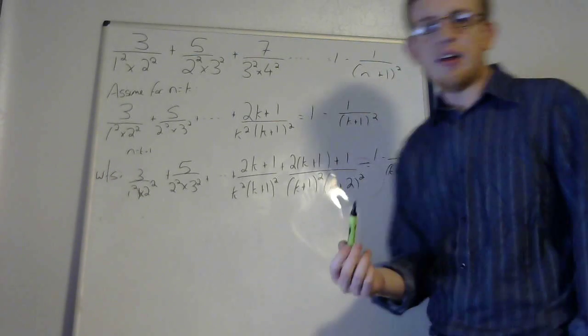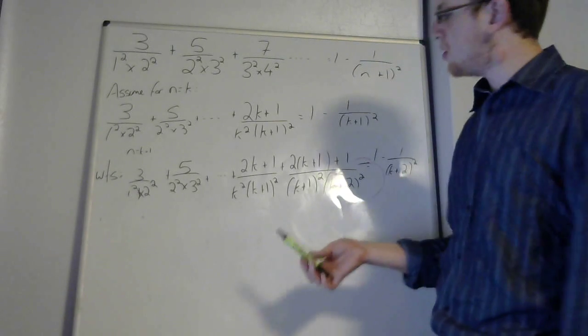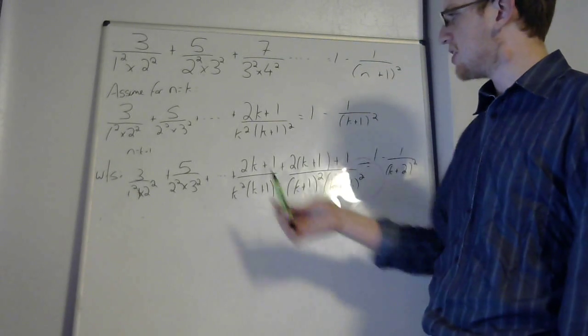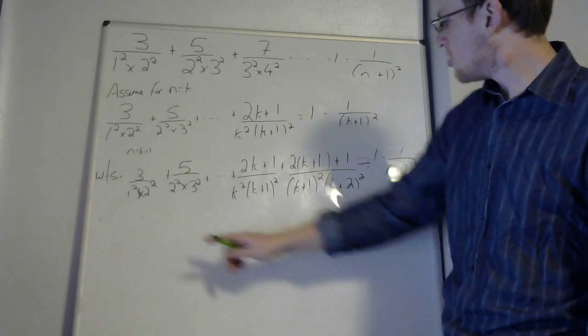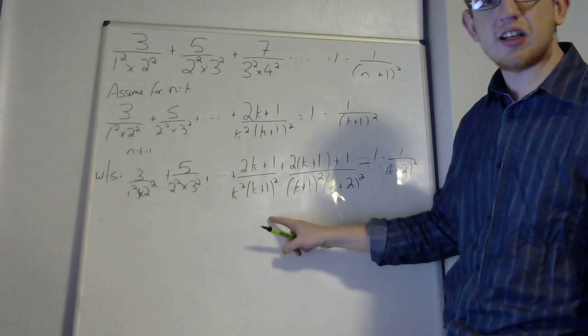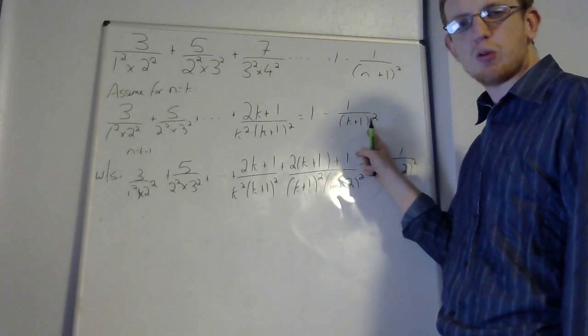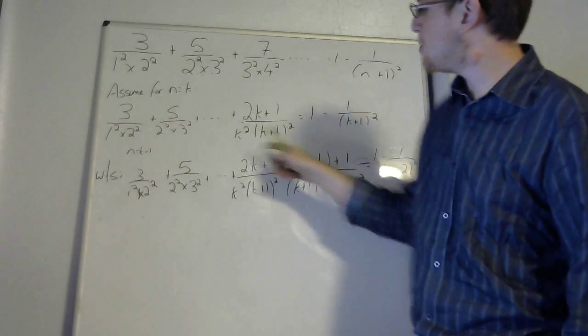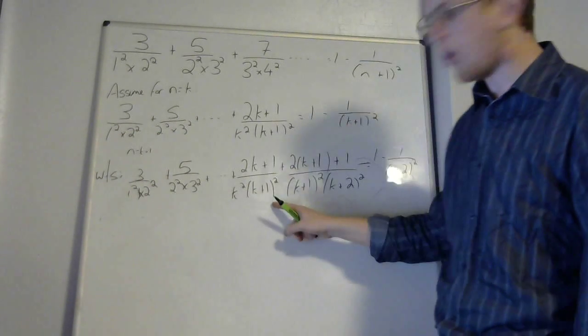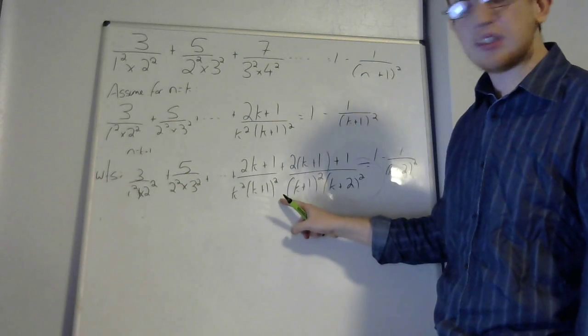Now in order to show this, I'm going to use my inductive hypothesis, my assumption. All the way up to the second to last term, I'm going to swap that for 1 minus 1 over (k plus 1) squared, because it's identical. This bit is identical to what I want to show up to the second to last term.